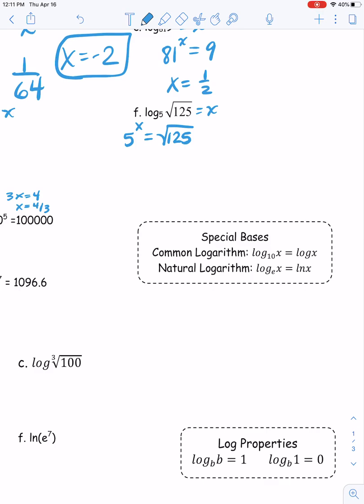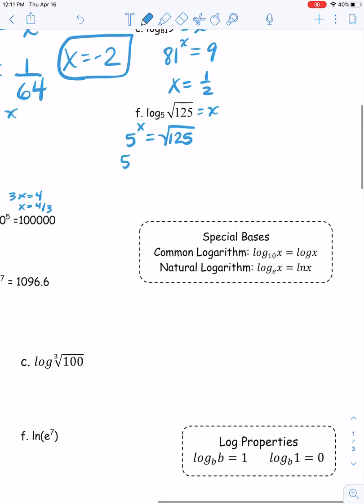So maybe what I would do first is say, okay, well, another way of writing the square root of 125 is 125 to the 1/2 power. Now I'm thinking, what's another way of writing 125?